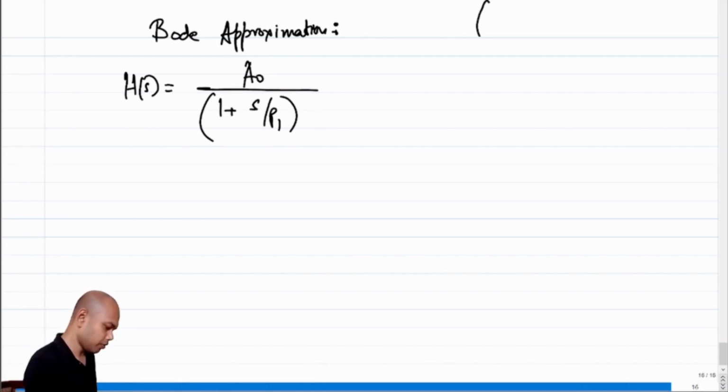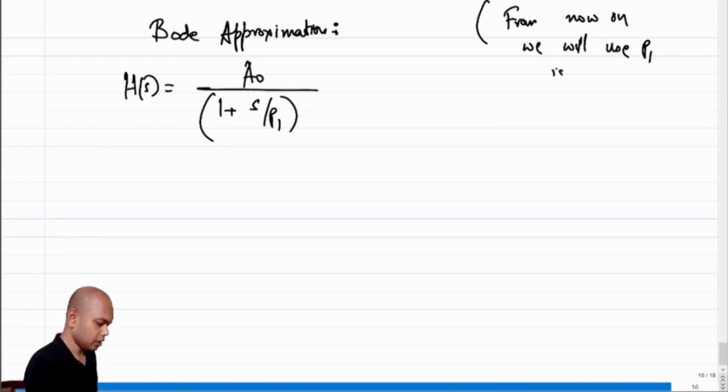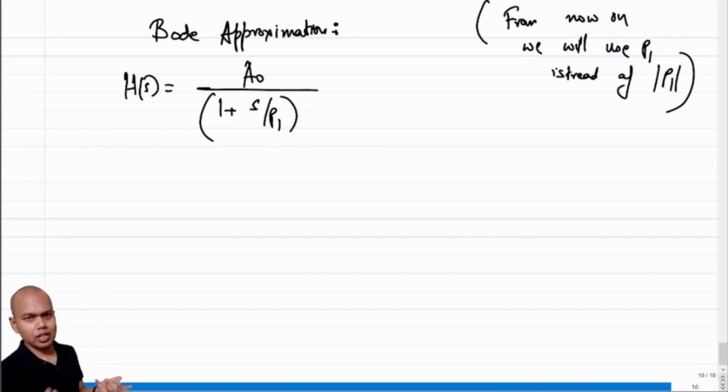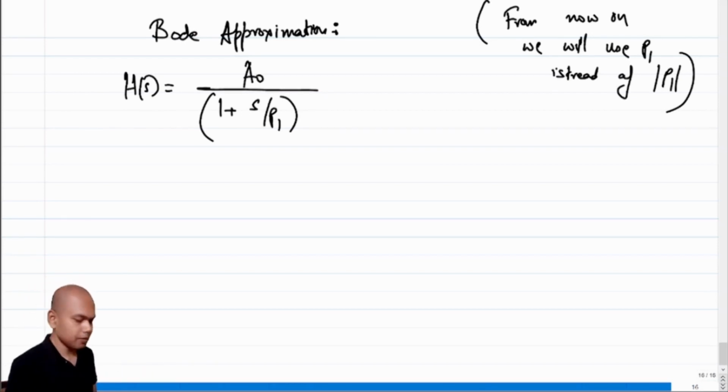So from now on we will use p1 instead of mod p1, simply because a first order system is stable by default.